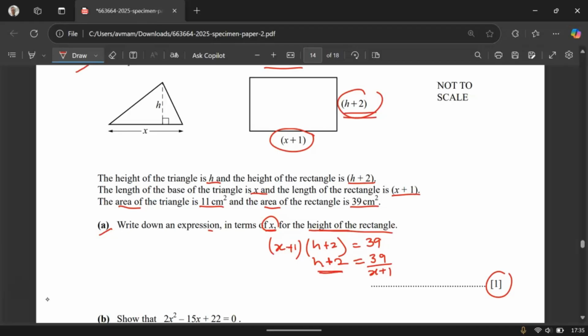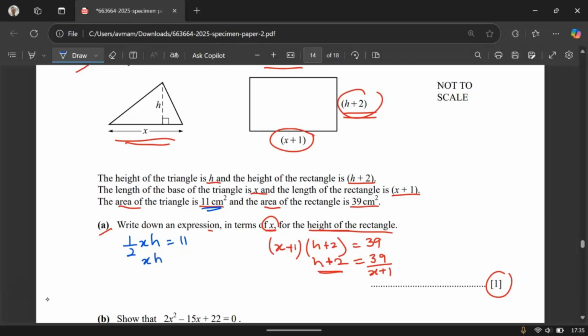Because the height of the rectangle is h plus 2, you need to leave it in this format. Alternatively, you can also use the area of the triangle to express the height of the rectangle in terms of x. The formula is half times base times height. In this case, base is x and height is h. That should give you the area, which is 11 square centimeters. Multiply both sides by 2.